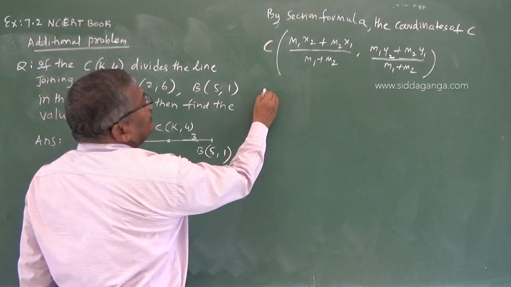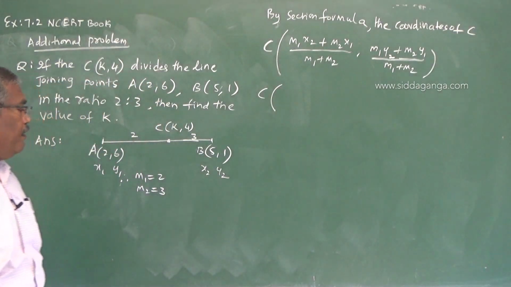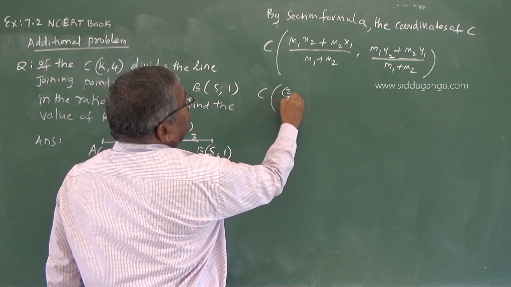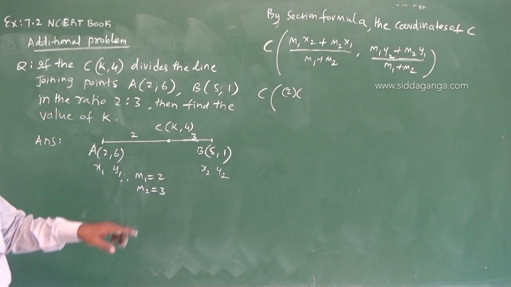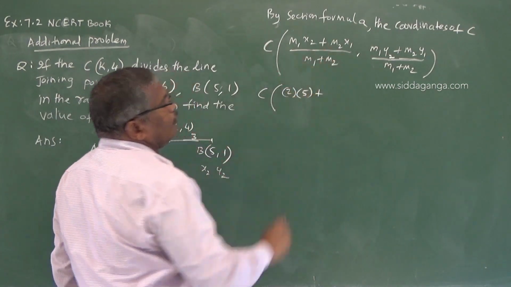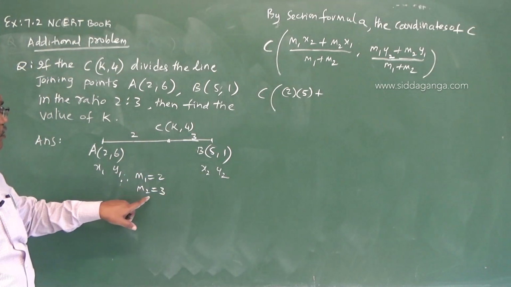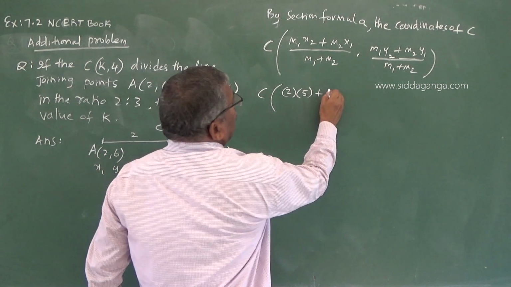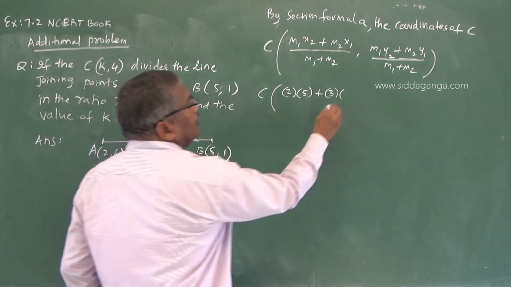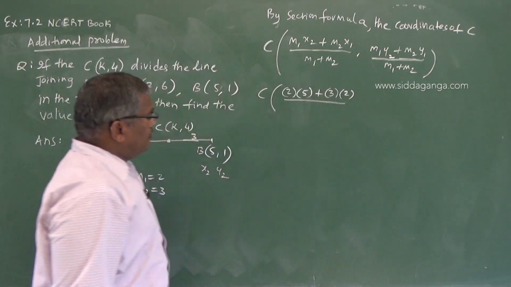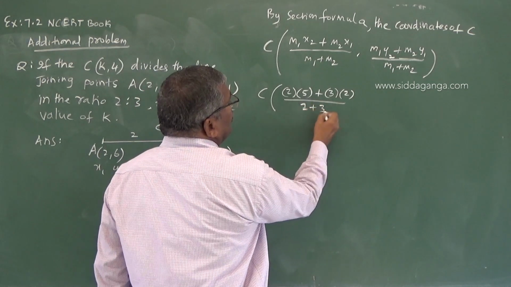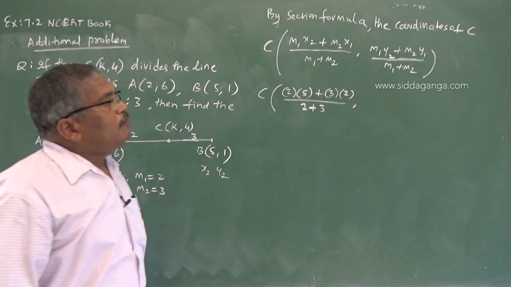So now, coordinates of C are given, right? You observe here, m1 is 2, x2 is 5, plus m2 is 3 and x1 is 2, divided by m1 plus m2, 2 plus 3, comma m1 y2.